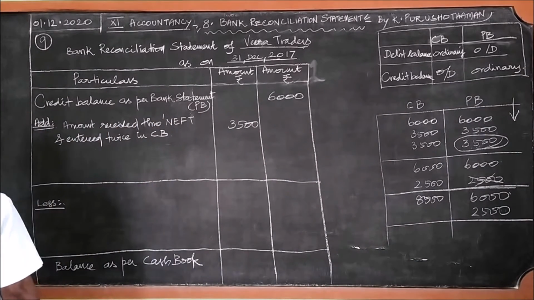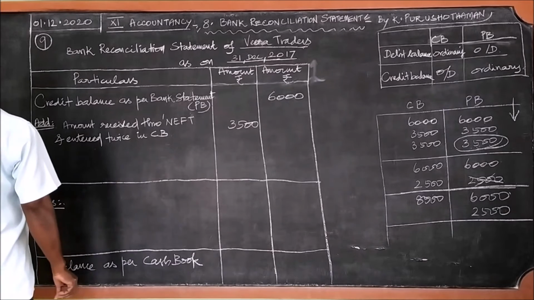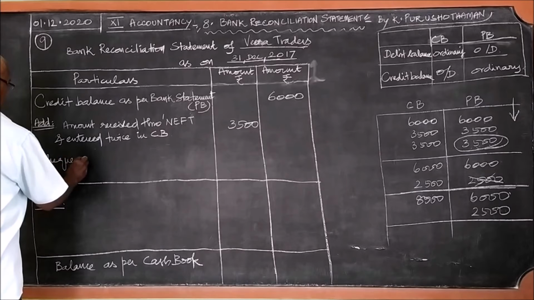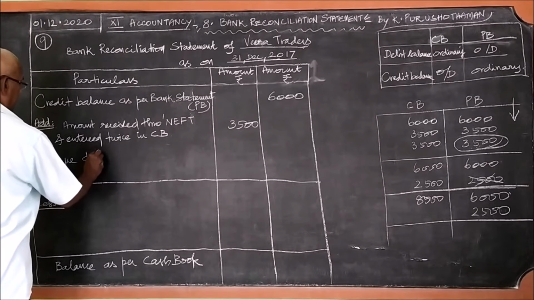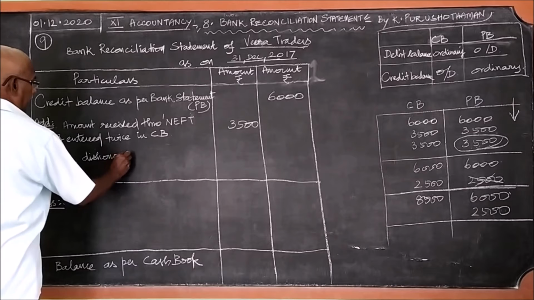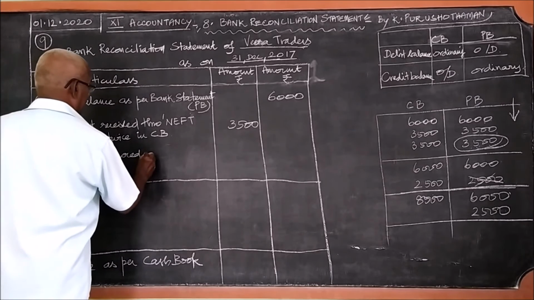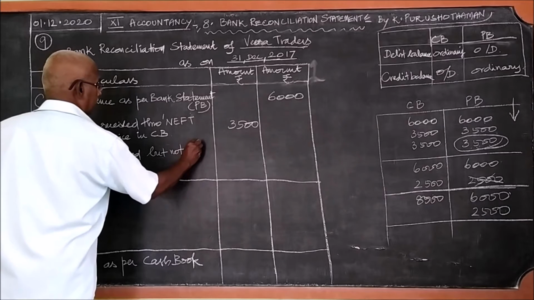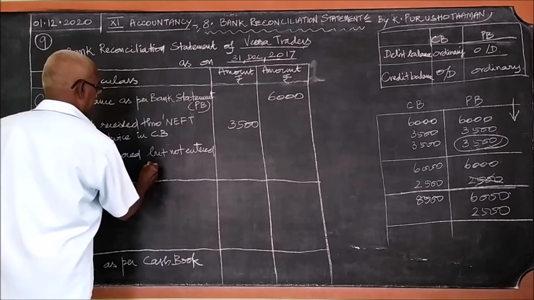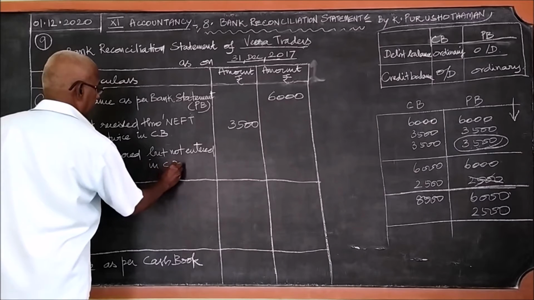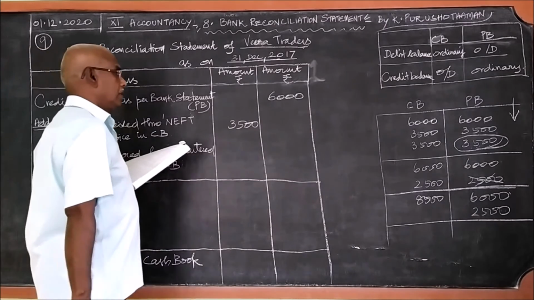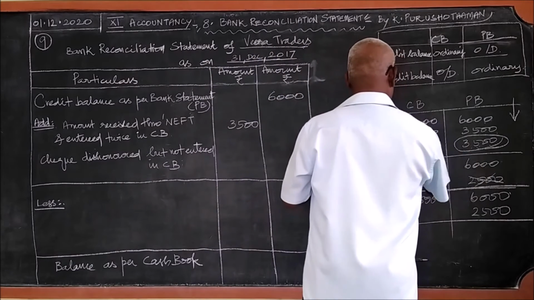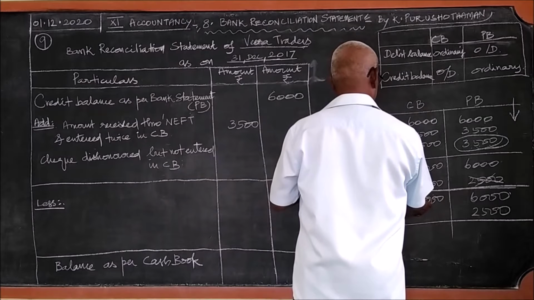So check discounted but not entered in the cash book. And the 6,000 later 2,500, when it is sent to bank, it will be entered in the cash book.